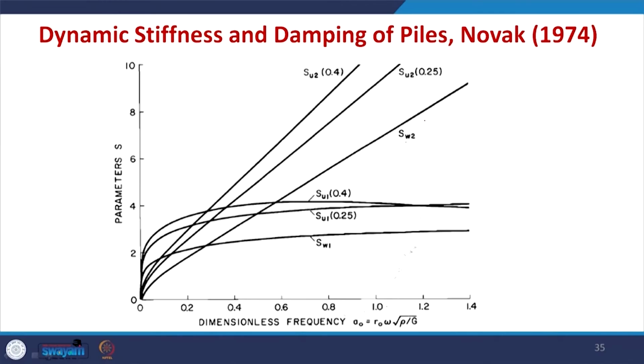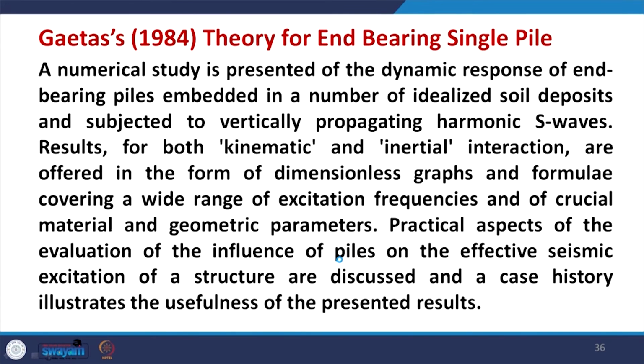SW1 and SW2 are also plotted as earlier in the same figure. There is only one curve because they do not depend on the Poisson's ratio. The variation is quite similar to SU1 and SU2, but the values are lower than the earlier values. So, this completes Novak's theory of 1974.